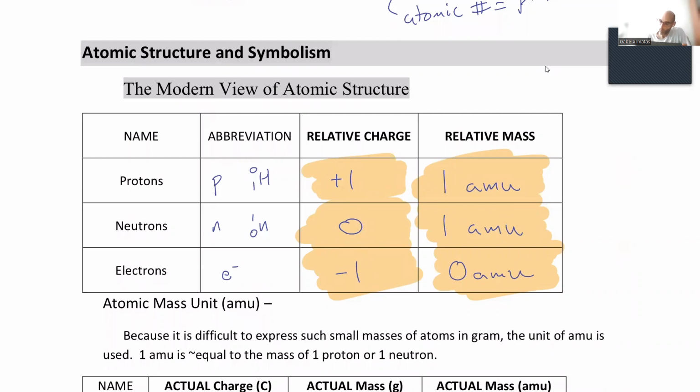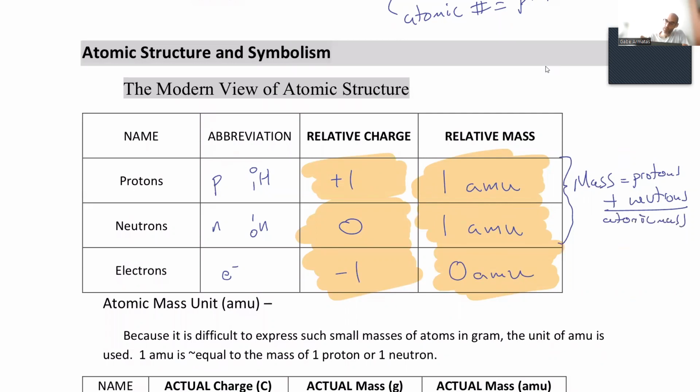So what we notice is, again, these two things here, this is where all the mass is coming from. Protons plus neutrons. Those two things together give me the atomic mass.